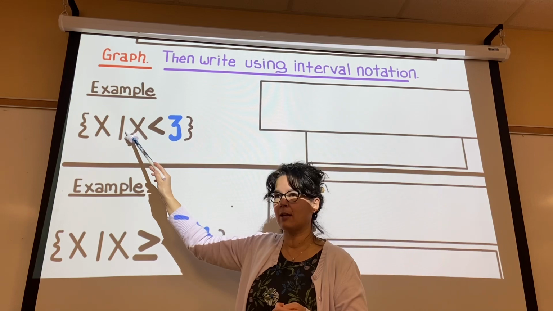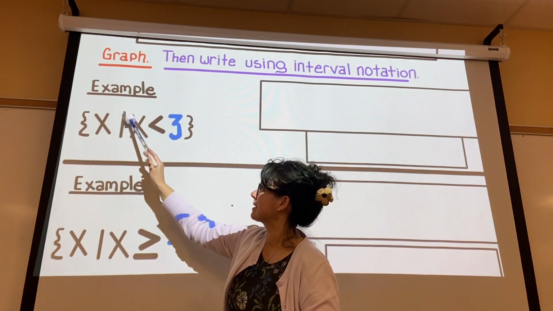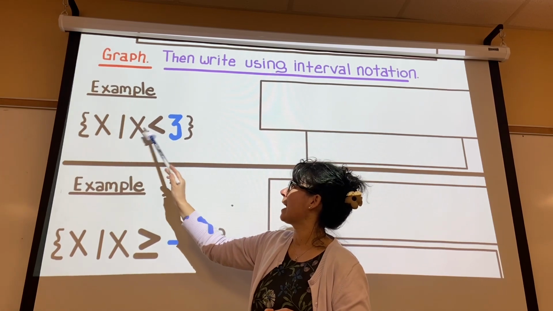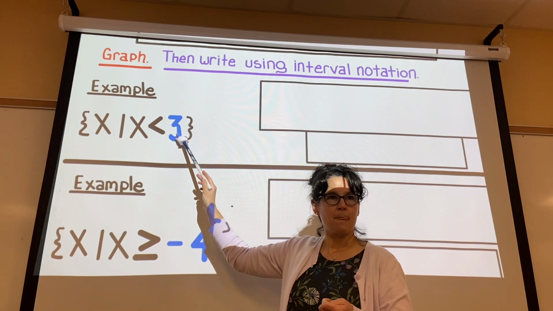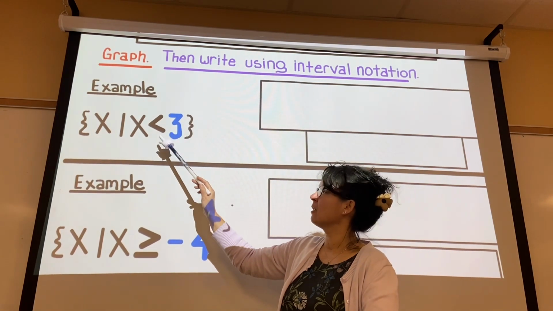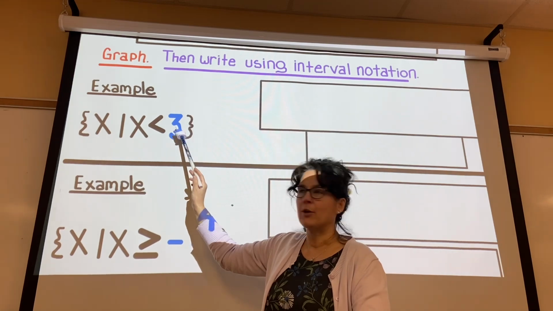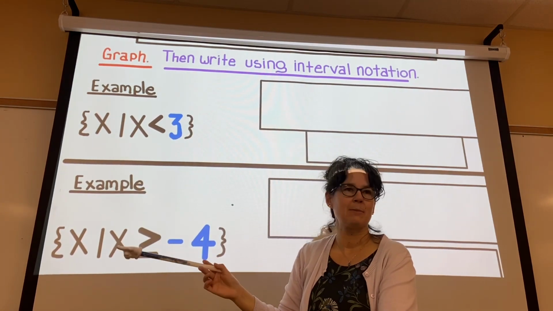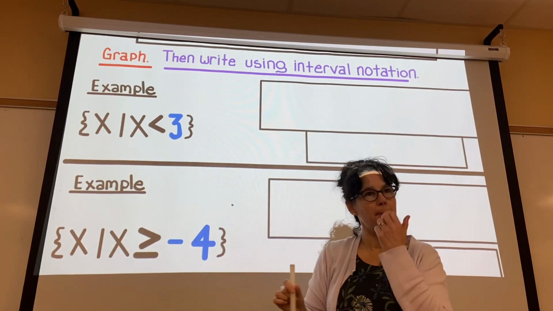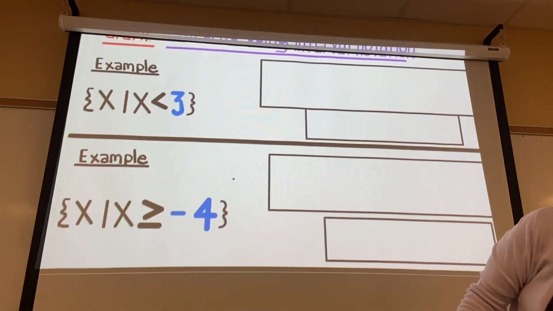They mean the same thing, but ours uses a long line. So the set of numbers x such that x is less than 3. You're used to seeing just x is less than 3 in elementary and middle school, but you're going to see this extra notation around it, and it really means the same thing. This one is number 130.